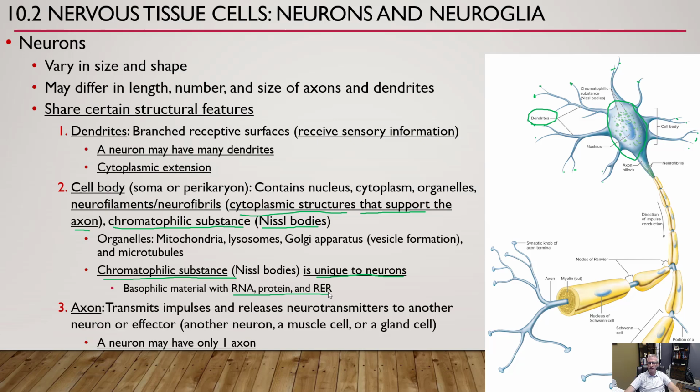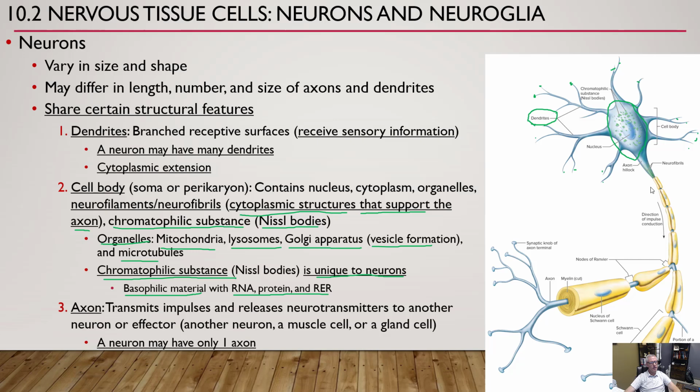If you remember, rough endoplasmic reticulum helps with packaging proteins, forming proteins, and basophilic material. Basophils is a type of white blood cell. And then also we find a bunch of organelles: mitochondria, which produce ATP, lysosomes, Golgi apparatus to form vesicles, and some microtubules. So that's our cell body.